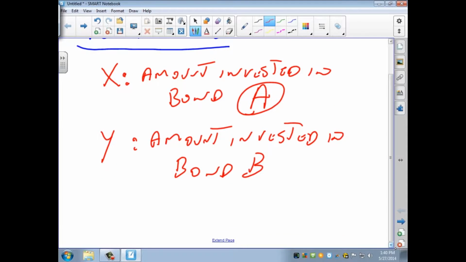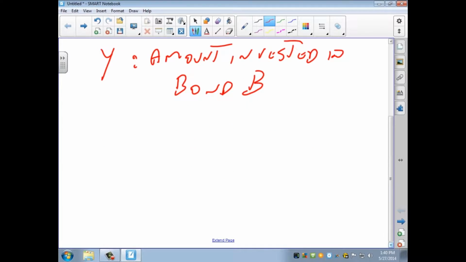So when you read the problem, it says that she has $30,000 invested in these two types of bonds. Therefore, you can come up with the first equation. The amount invested in bond A plus the amount invested in bond B should be equal to $30,000. So that would give you one equation.